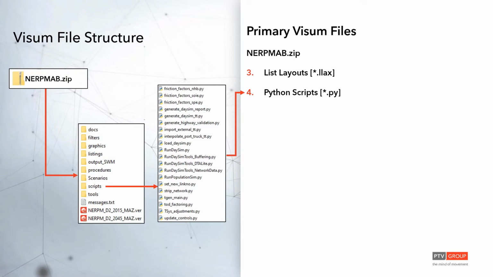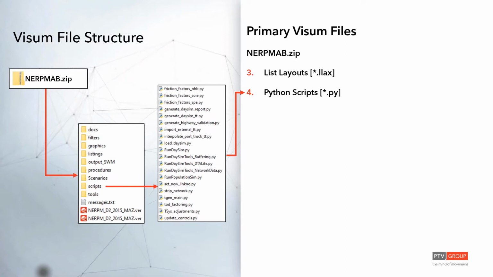Now another set of files that you would come across are Python scripts, and these are in the scripts subdirectory. Visum has a very powerful Python API, and a lot of the processes can be automated by use of Python scripts. Python scripts in NERPMAB are used for various purposes.